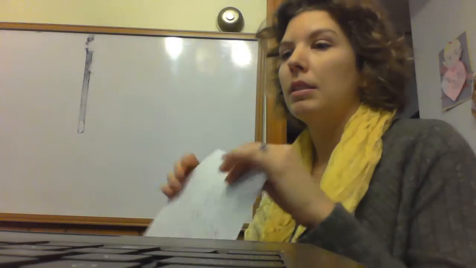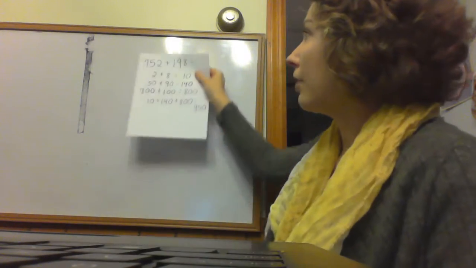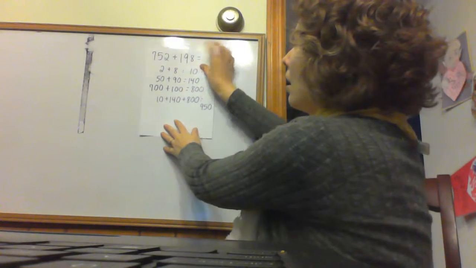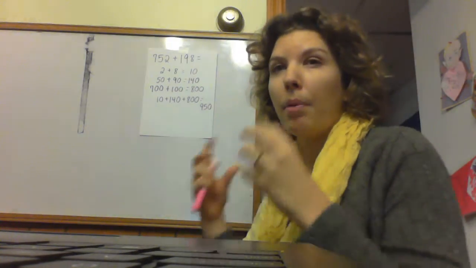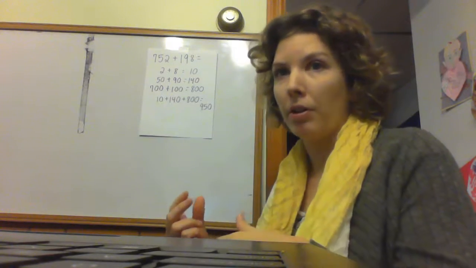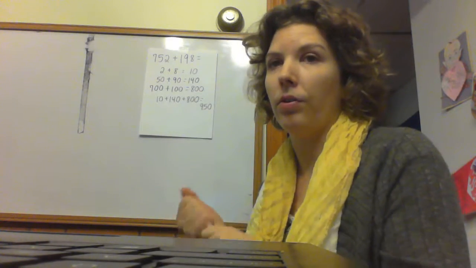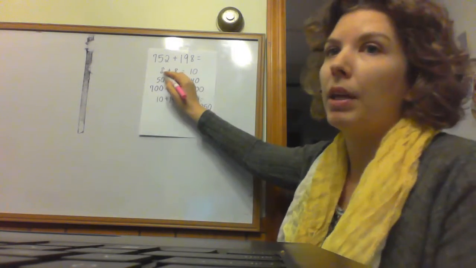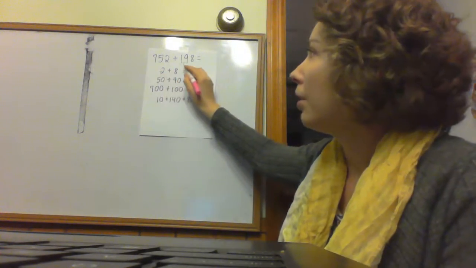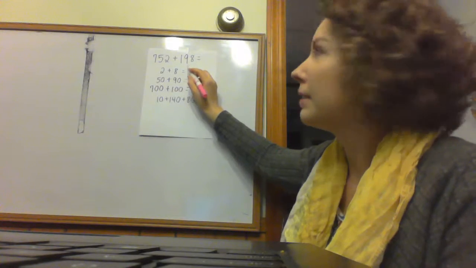So the second method I'm going to talk about is using a place value strategy and decomposing the numbers, breaking them apart into their place value segments. So again, we have 752 plus 198.